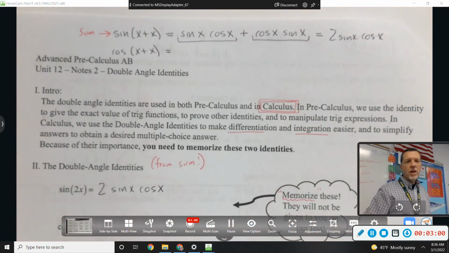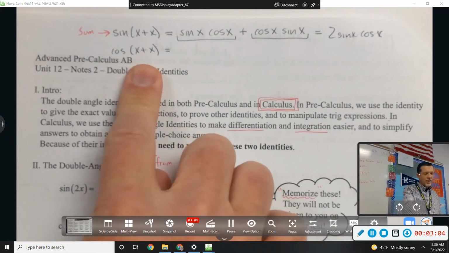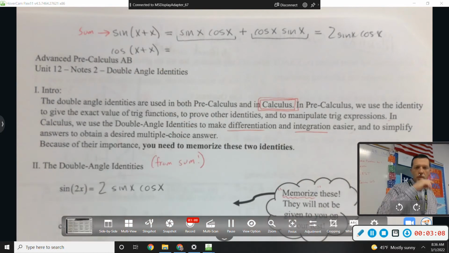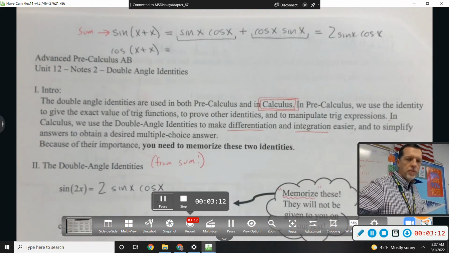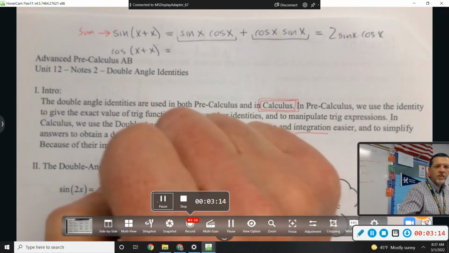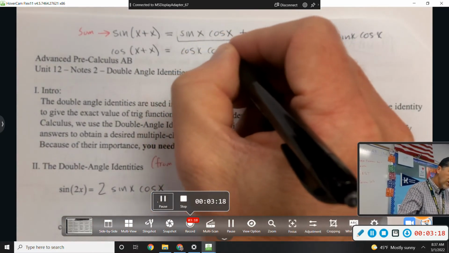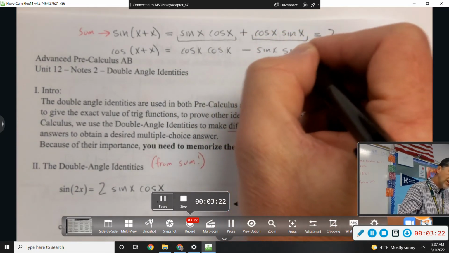See if you can do the same type of thing with the cosine. So cosine of x plus x. Look up the cosine sum formula, plug in x for both, and see what happens. So the cosine sum formula is cosine cosine minus sine sine.